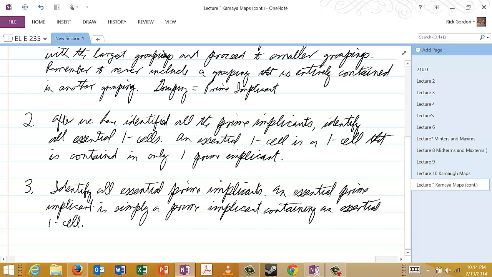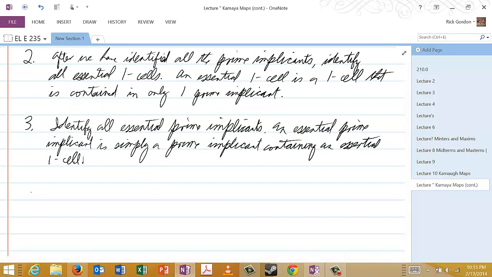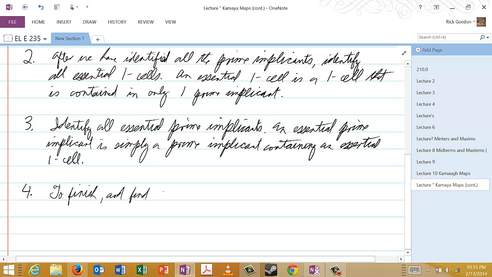And after that, the fourth step is to finish and find all minimal sums.